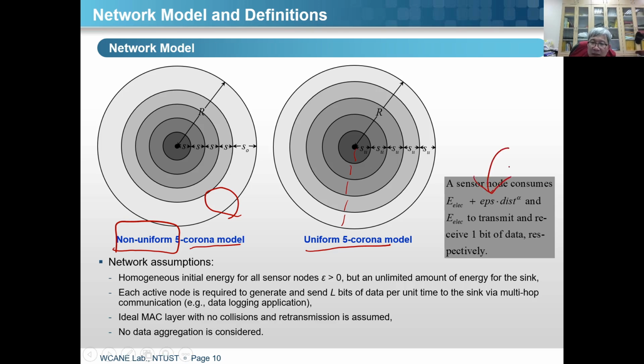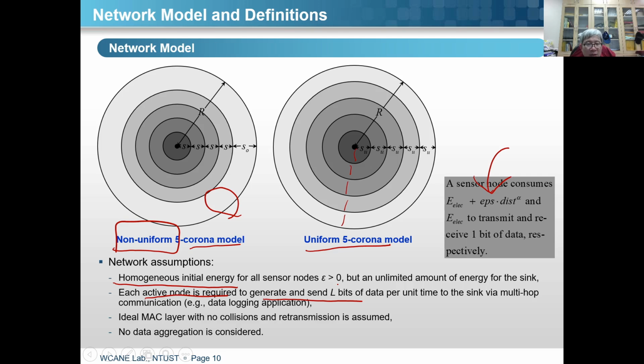You can look at these. As for the other assumptions, we assume homogeneous initial energy, not non-homogeneous initial energy. Each active node is required to generate and send L bits of data, a fixed length, through multi-hop communication.